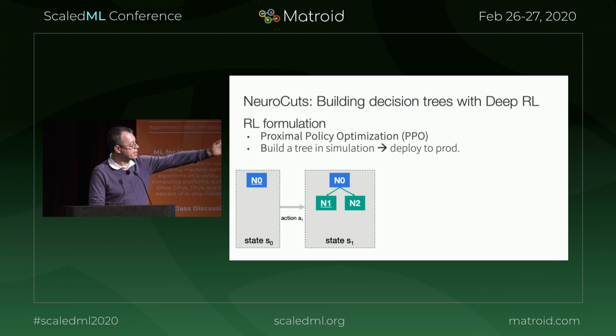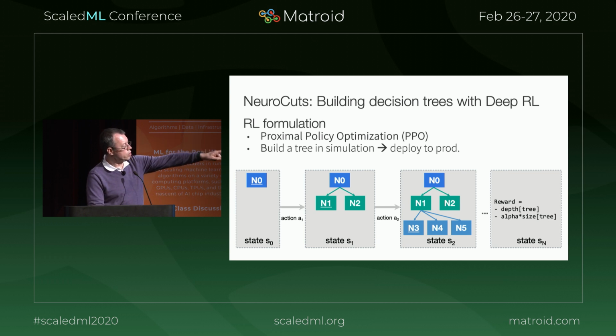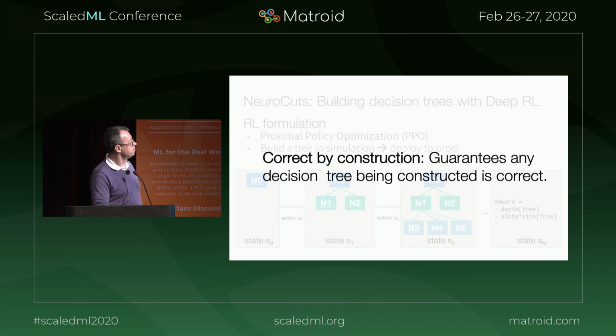And this is equivalent to adding more nodes to this hierarchy, where each node now is responsible for fewer rules, right? And the actions are about how you decide to divide each of the nodes to have fewer rules per node. And the reward, we care about two things, the running time and the memory size, right? And it's a linear combination between the two.